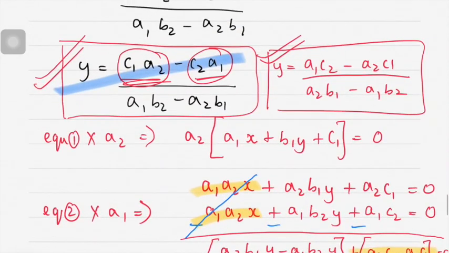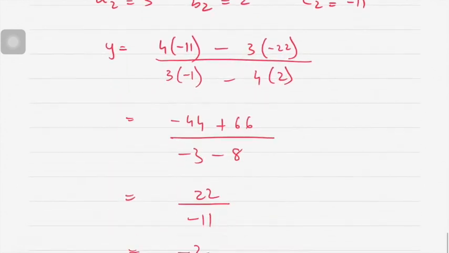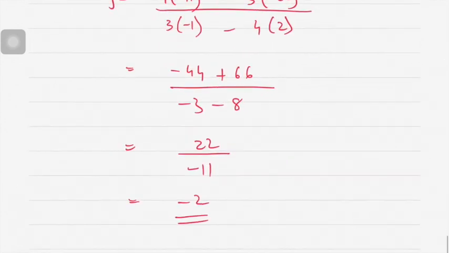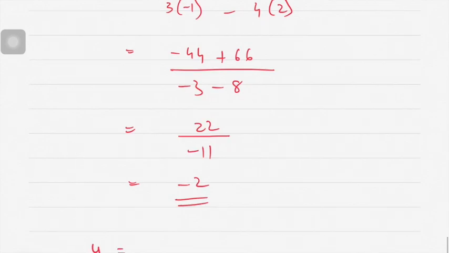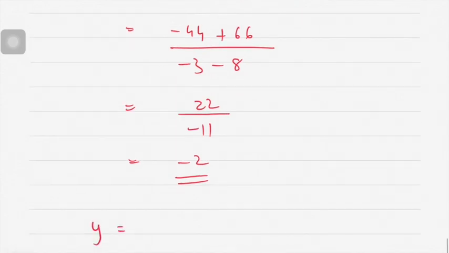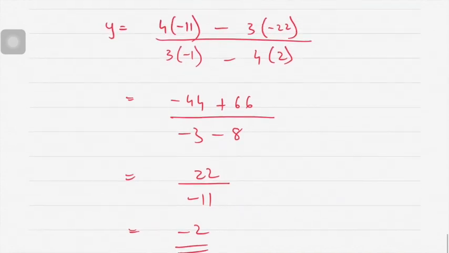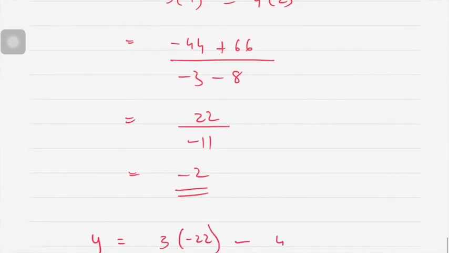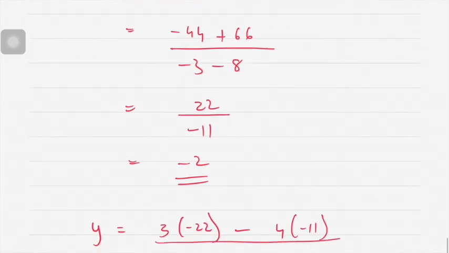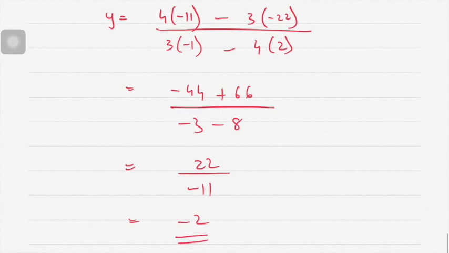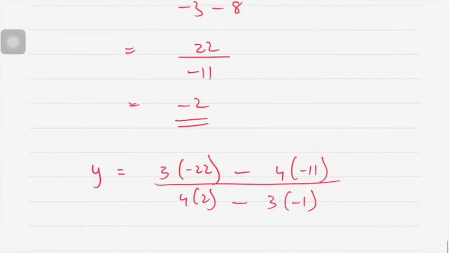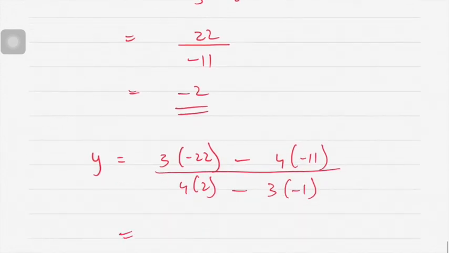Okay. See. Y is equal to C1 A2 minus C2 A1. Okay. So that makes it 3 into minus 22 minus 4 into minus 11 upon 4 into 2 minus 3 into minus 1.